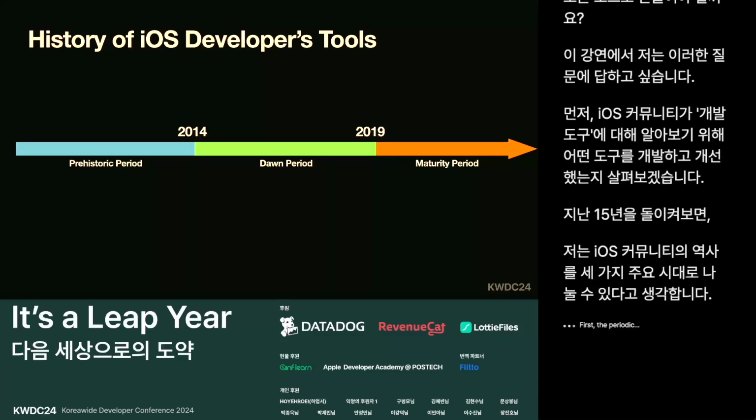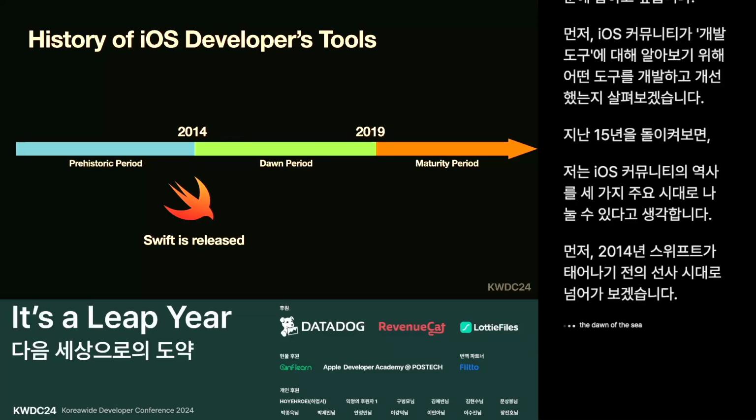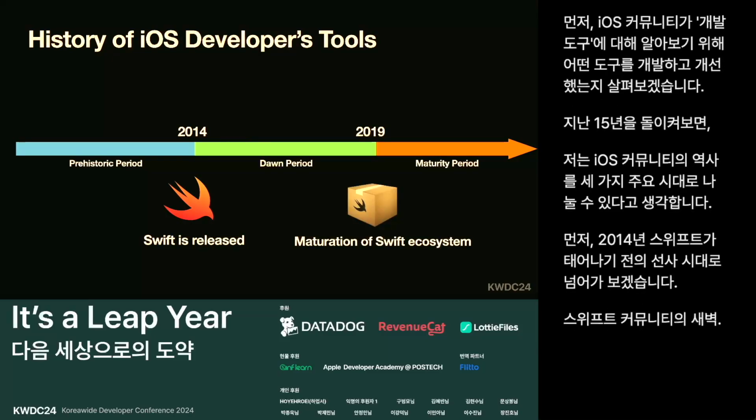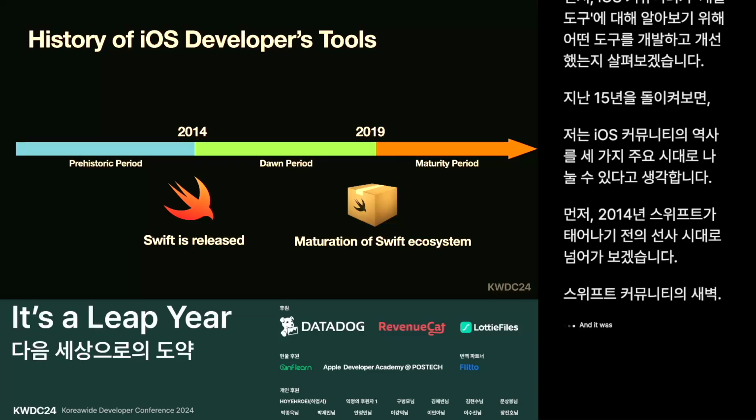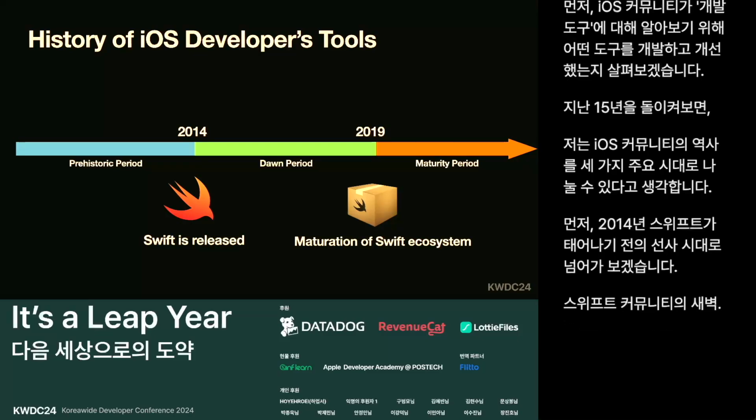First, the prehistoric period before the birth of Swift in 2014. The dawn of Swift community. And it was after 2019 that Swift Package Manager became widely used.